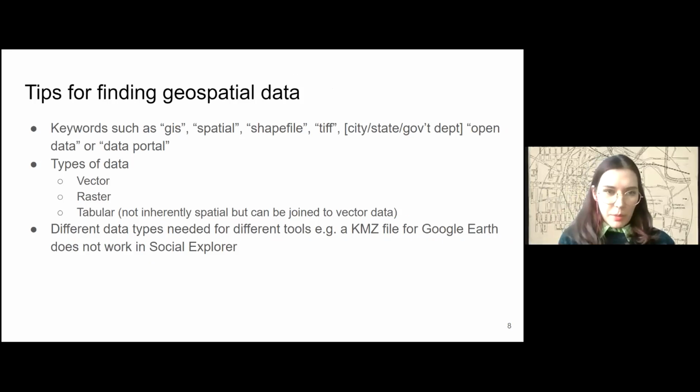So speaking of shapefiles, they are the vector format that is most commonly used in Esri products and in QGIS. A shapefile is a point, a line, or a polygon. They also have attribute tables that have data about that specific polygon.